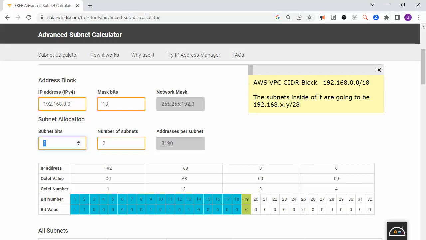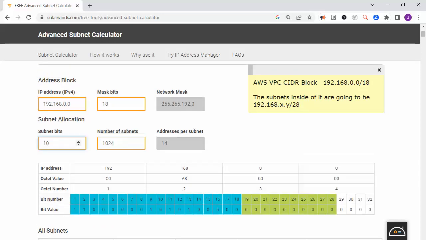So the number of subnet bits you need is 10, and that gives you a lot of subnets. They're going to be relatively small because they only have these 4 bits in order to get their IP addresses. In the past, whenever we had /24, we were able to have 8 bits, but in this case we're going to have a small number.